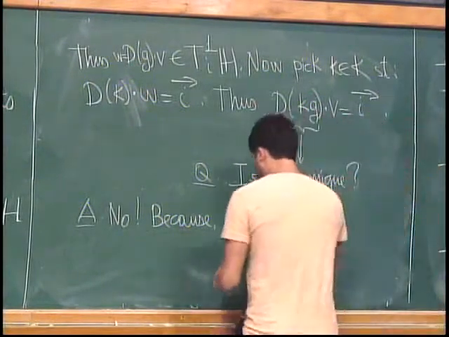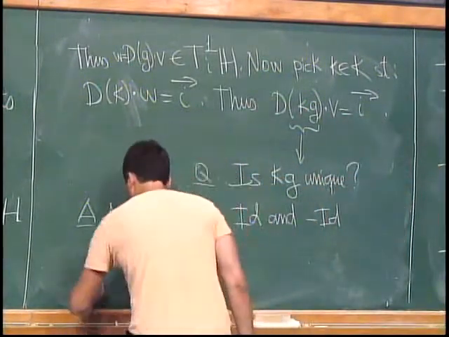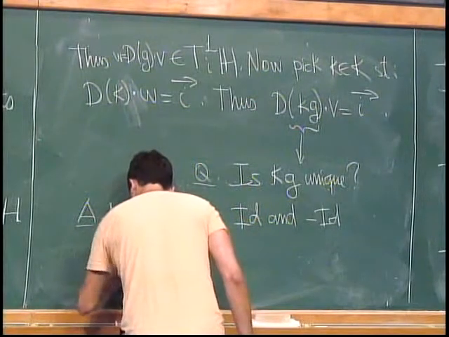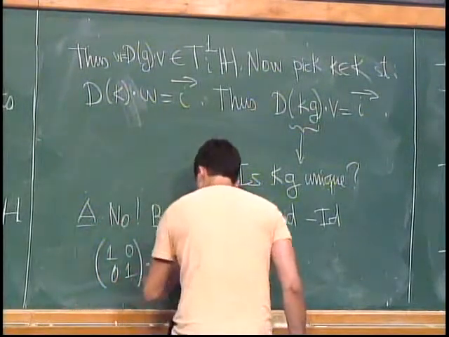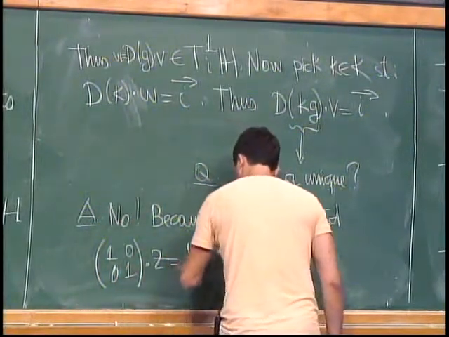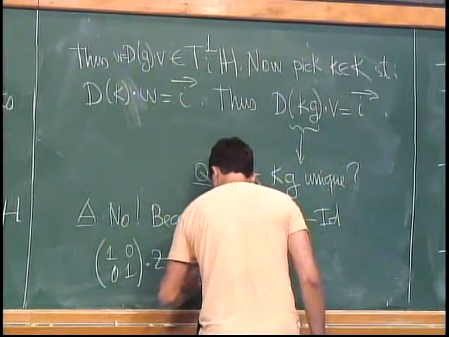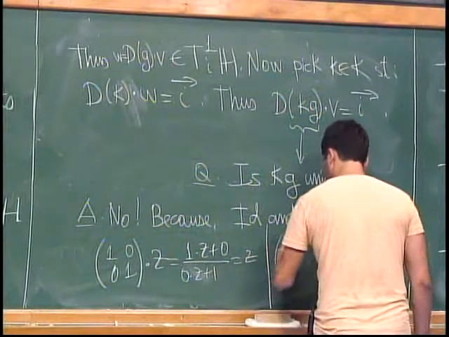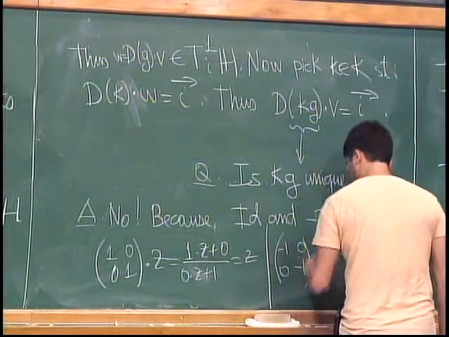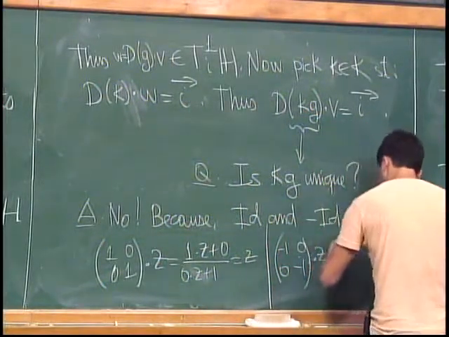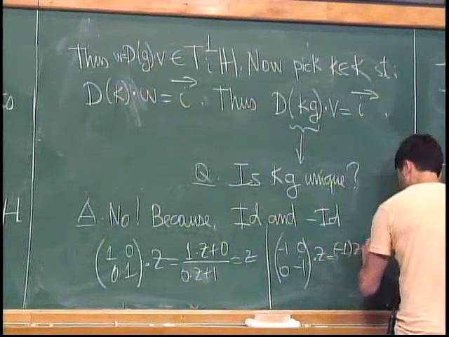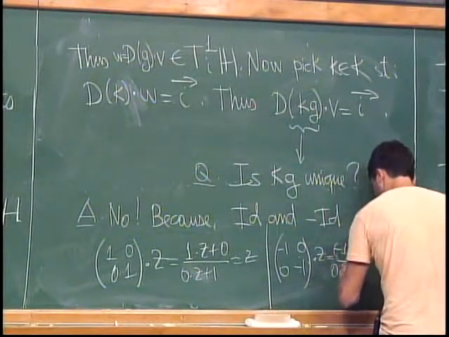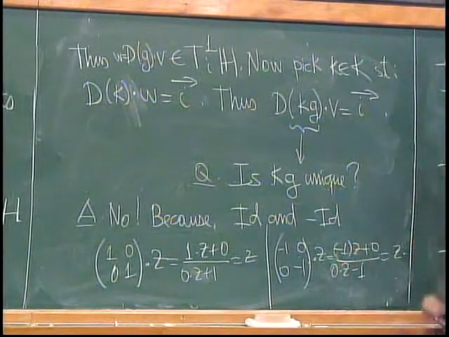What is the Möbius transformation associated to the identity? It's the identity. It's 1 times z plus 0 over 0 times z plus 1. This is z. And the same happens if you get minus 1, 0, 0, minus 1. It's minus 1 times z plus 0 over 0 times z minus 1. So this gives you z.